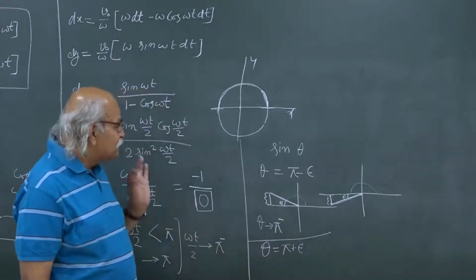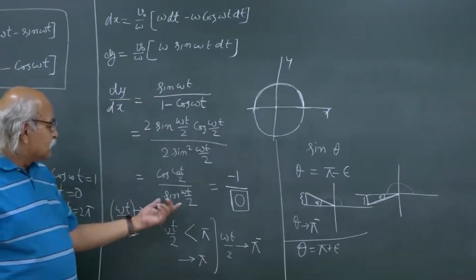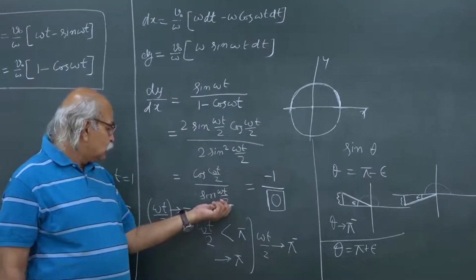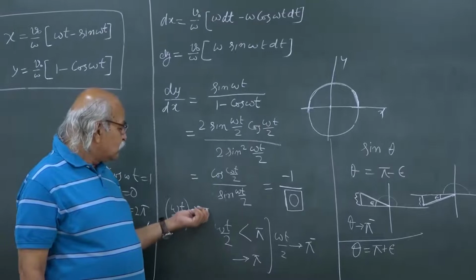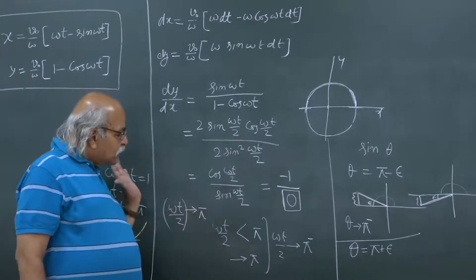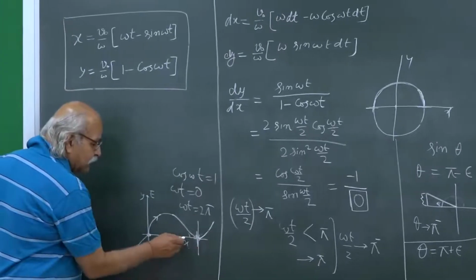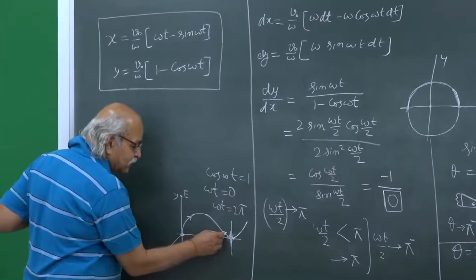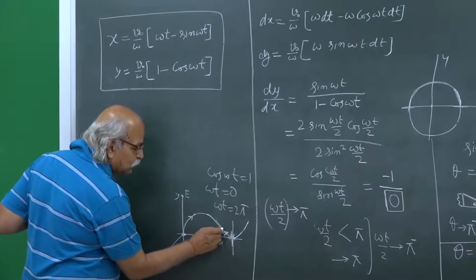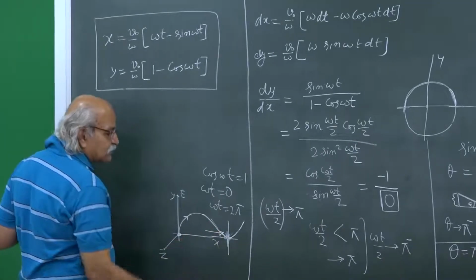So keep this in mind, this is sine of omega t by 2. Omega t by 2 is going to pi. So if I am coming from left, this is the point I am looking for. I am coming from this side and seeing what happens to the slope.